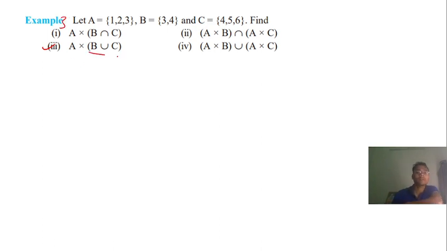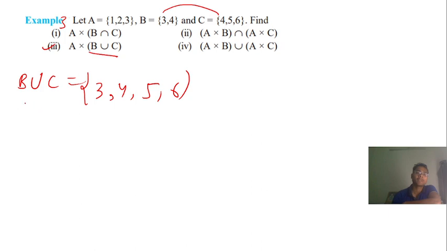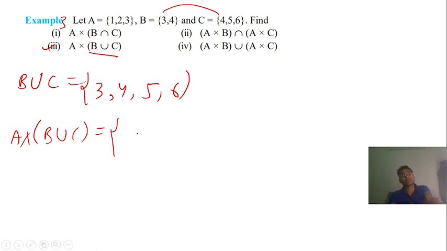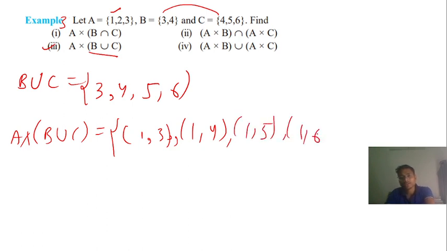For doing the third part, we need to find B union C. B union C means just combine all the elements: 3, 4, 5, 6. And then we need to cross it with A, so A cross B union C. First we need to write the element of A. So for 1, we will write 1, 3, then 1, 4, then 1, 5, then 1, 6.